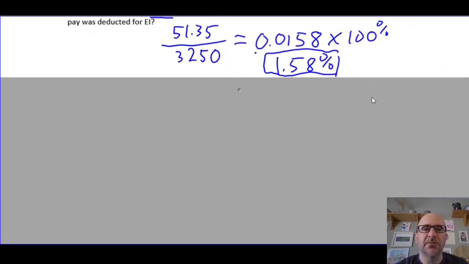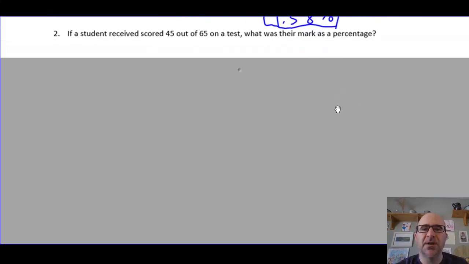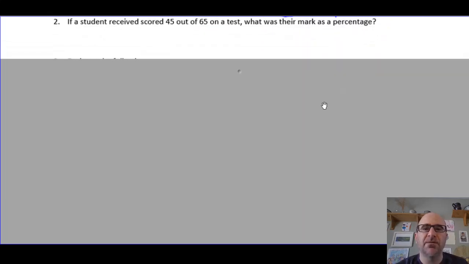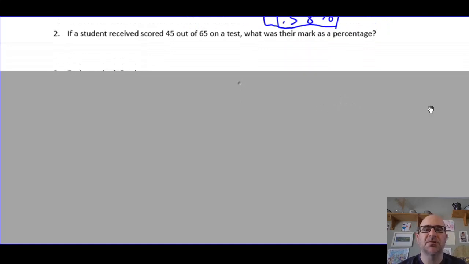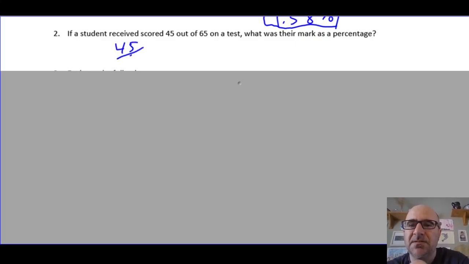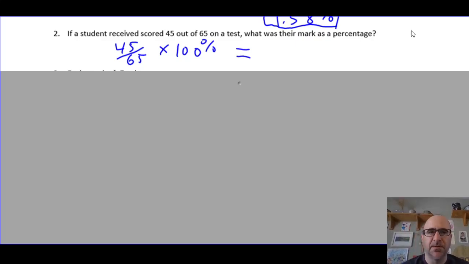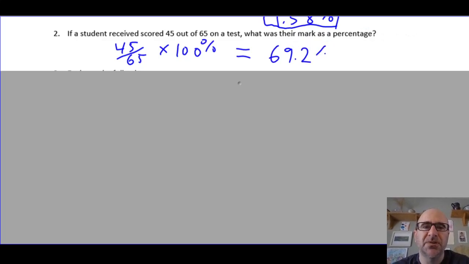It's very similar to something you've probably done before when you get a test back. Imagine you had 45 out of 65 on a test. What's that mark as a percentage? We'll take 45, divide it by 65, and multiply by 100%. You should get an answer very close to 69.2%.